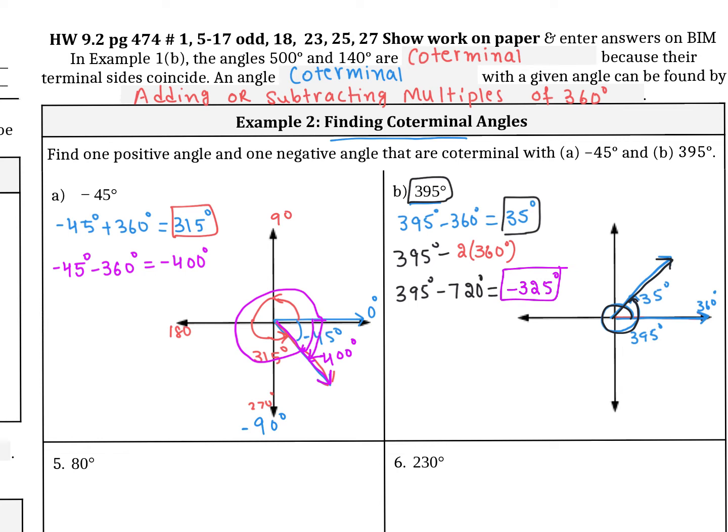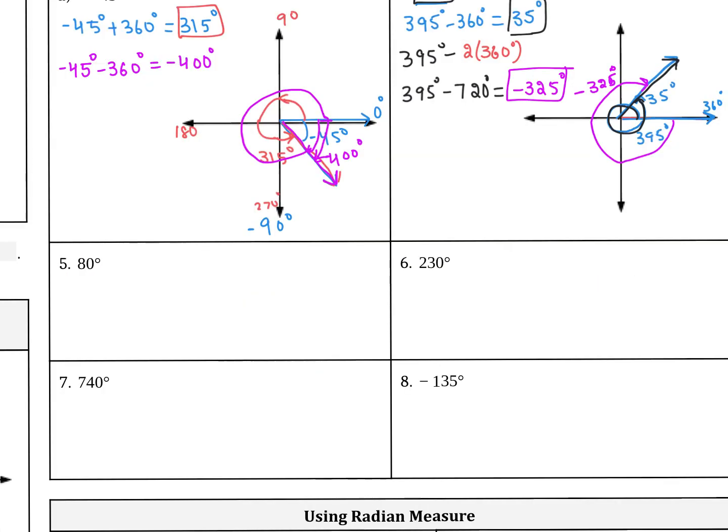So let's see here. 90, 180, 270, and that's going to be negative 325. For number 5, for the first coterminal, you're going to add 80 plus 360, and you're going to get 440, coterminal to 80.